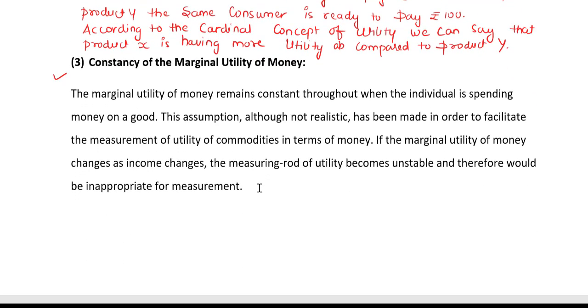Let's move to the third one, that is constancy of marginal utility of money.